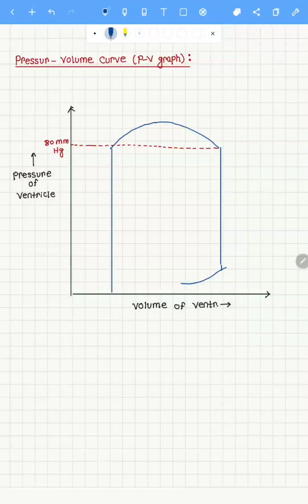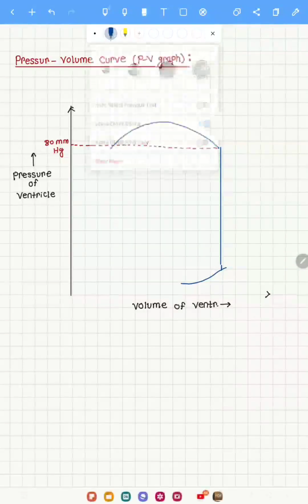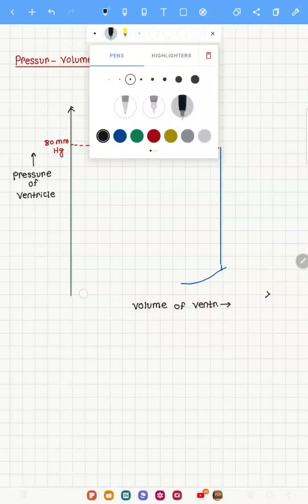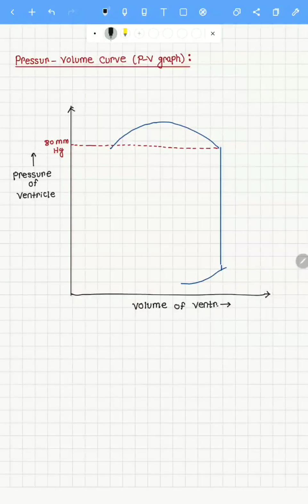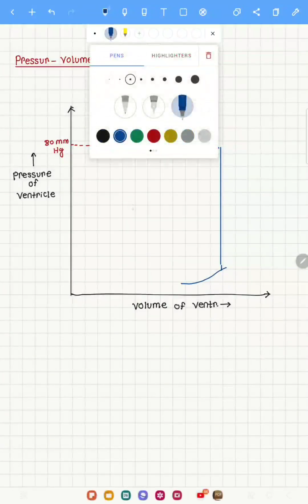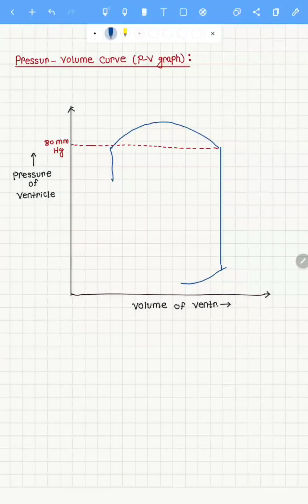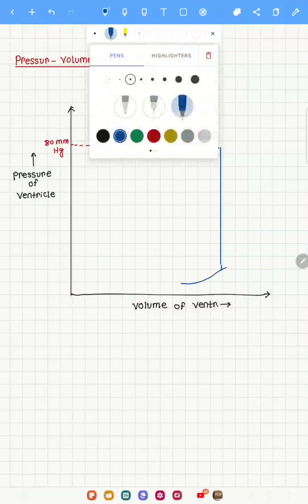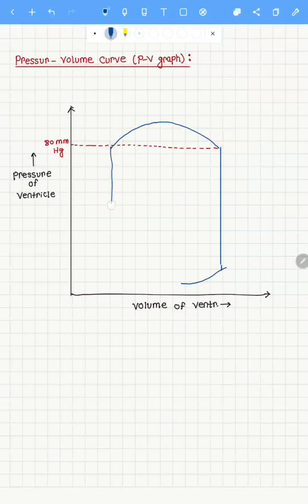So let me draw the rapid passive filling and slow passive filling phase. And this is the rapid passive filling phase. So we are done with the graph.